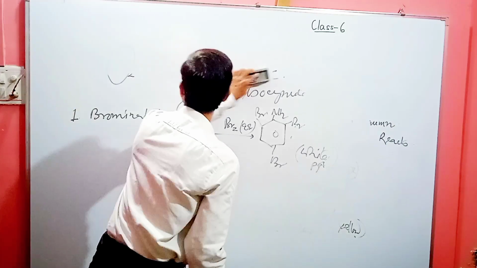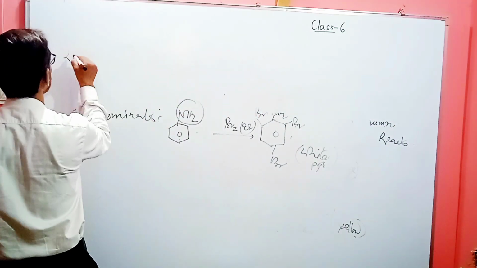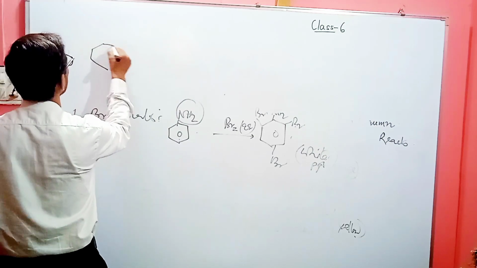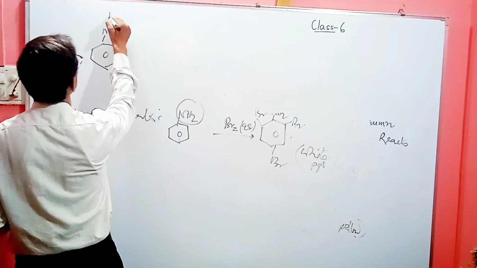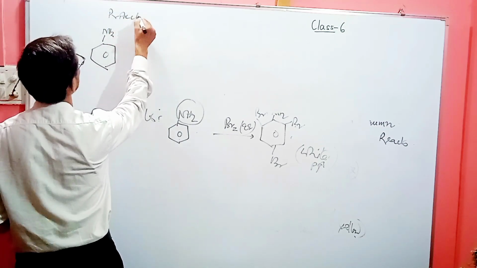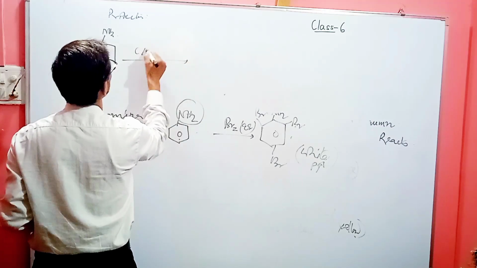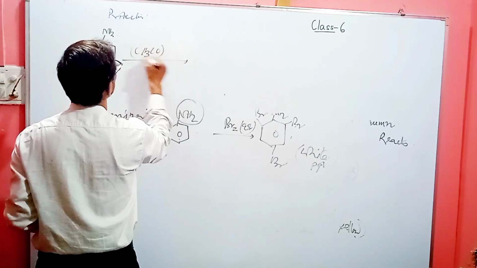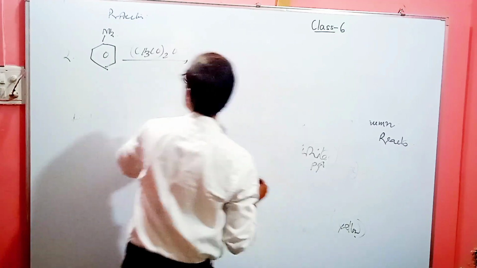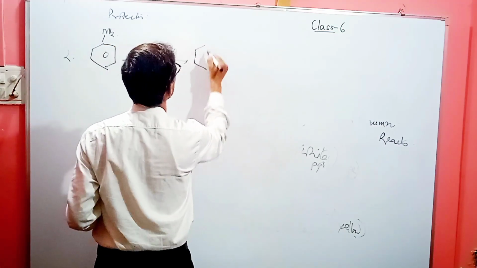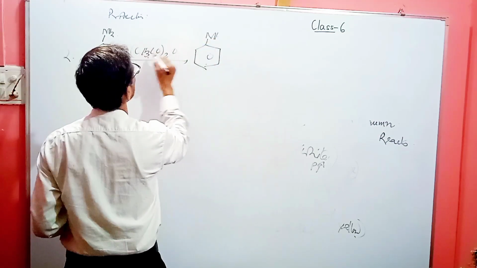So if this group is protected, always protection is done. The amine group is protected. To protect the NH2 group, it is treated with this. So first we get this part.